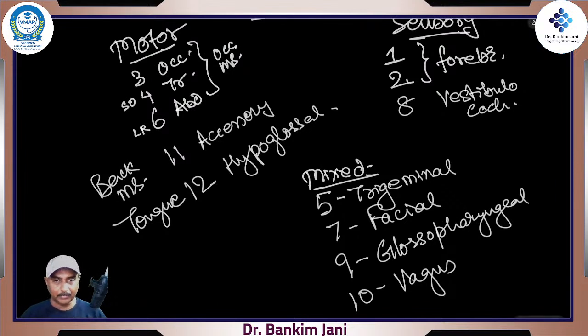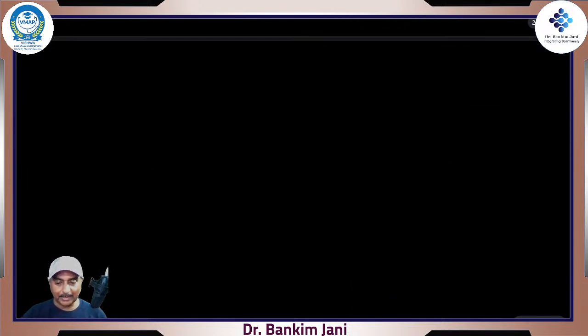Now what we do is we see from where they come. For that, we'll be drawing one image, but before we draw that image, we'll write something. It will make our concepts clear. Forebrain: you are about to complete the entire brain.